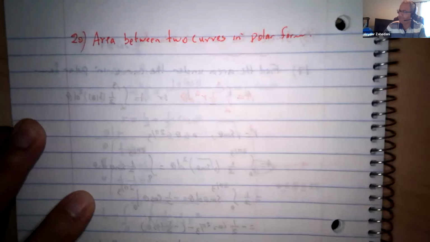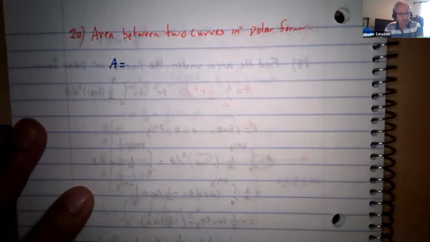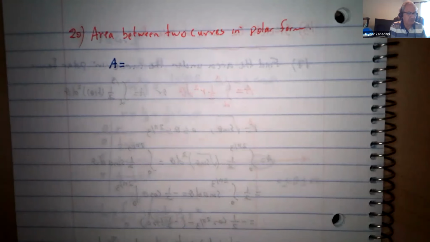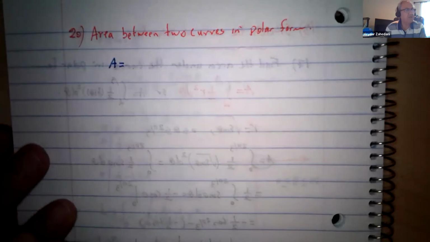Polar form. So we have two curves, so we find the area of each and we just subtract it, okay, to get the area between two curves. Just bring the one that I posted for you. You see that's going to be the area between two curves.